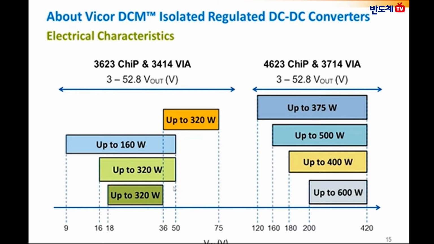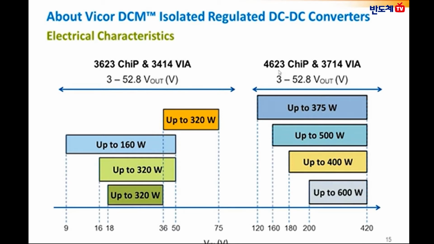Here are some of the electrical characteristics. The low input voltage products, which are from a 9 to 75 volts range, are available in a 3623 chip package as well as a 3414 VIA package, and the output voltages available are from 3 volts to 52.8 volts range, with a maximum power of 320 watts.